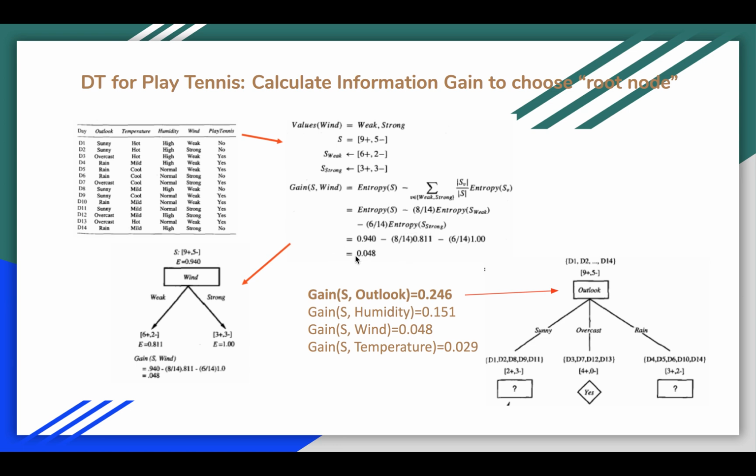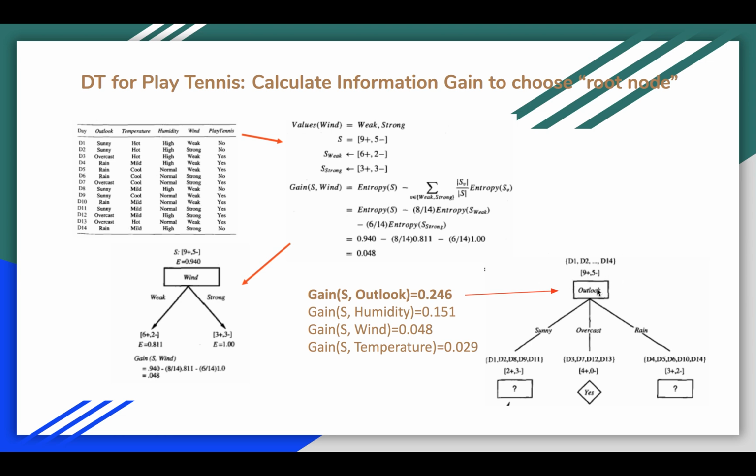Then we get the result 0.048. Remember that we need to find the maximum one. So we calculate the 4 attributes, and then we find the maximum one is outlook. So we choose this attribute as our root node, right?